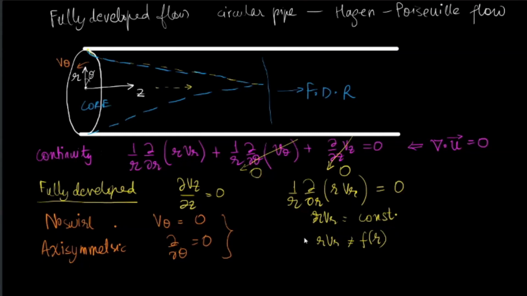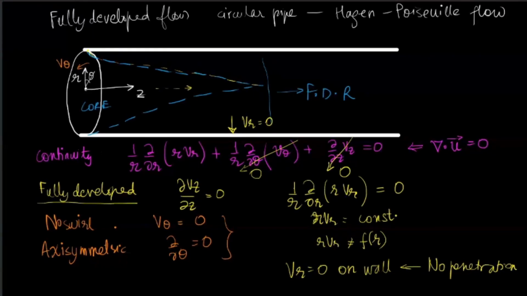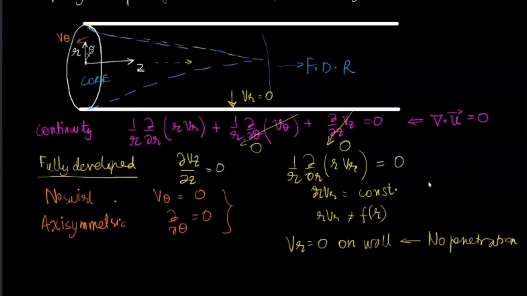And the fact that vr at the walls of the tube will be equal to 0. So vr equal to 0 on walls, that is due to a no penetration boundary condition. And so that implies that vr has to be 0 everywhere, the same logic behind what we had studied in the plane Poiseuille flow. So vr equal to 0 everywhere.